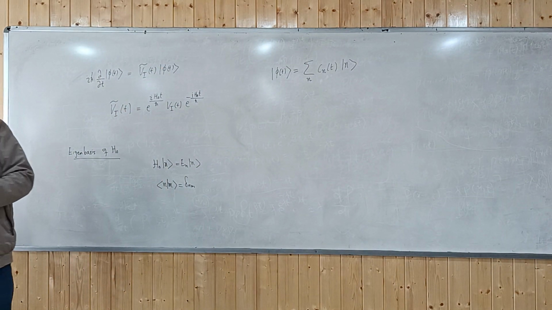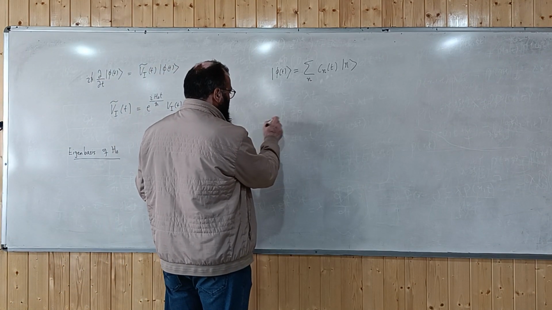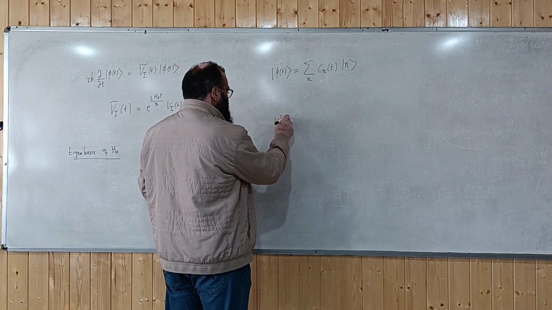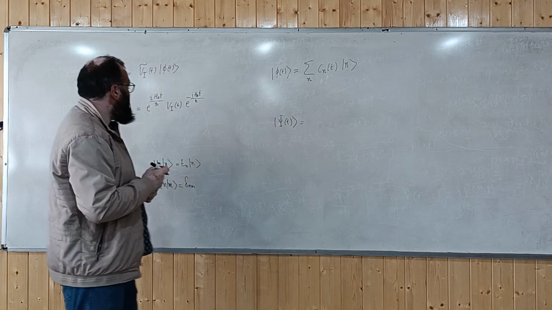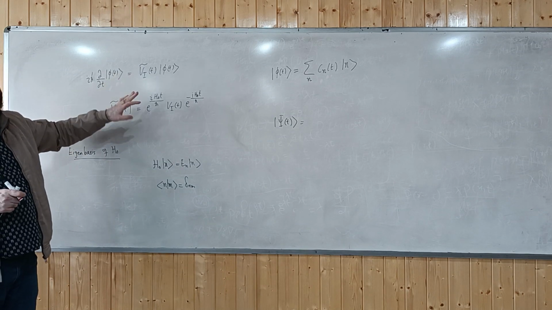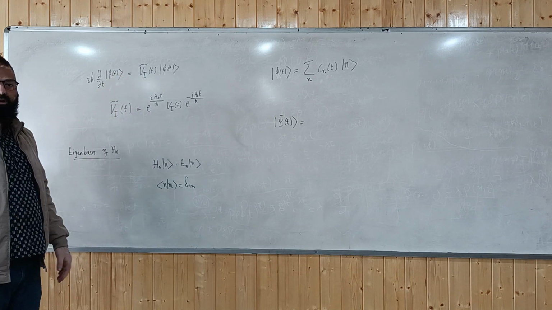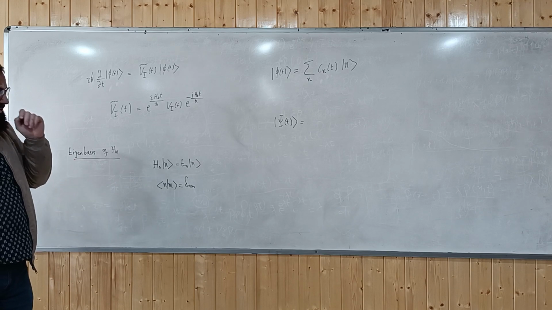So let's take our state. We also have the state |ψ(t)> that is related to this |φ(t)>. This |φ(t)> is a state defined in the interaction picture. For the time being I'll use this notation, then I'll switch to a different notation, writing it explicitly.